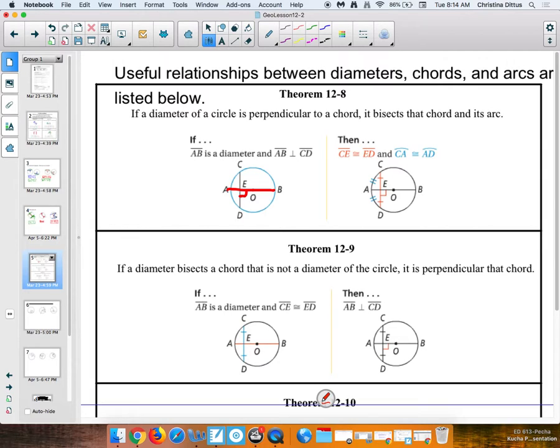Then you can say that this line is equal to this line, and this arc is equal to this arc. So I kind of think of it as if you have a diameter and a right angle, then you're split in half. And those two halves have to be equal.